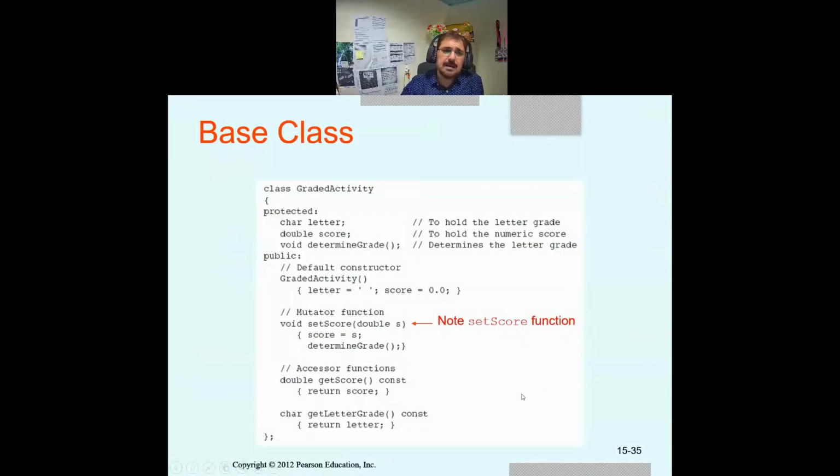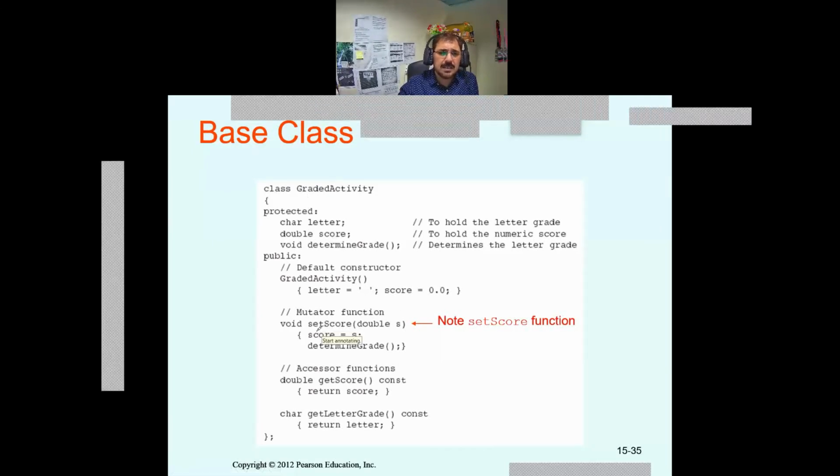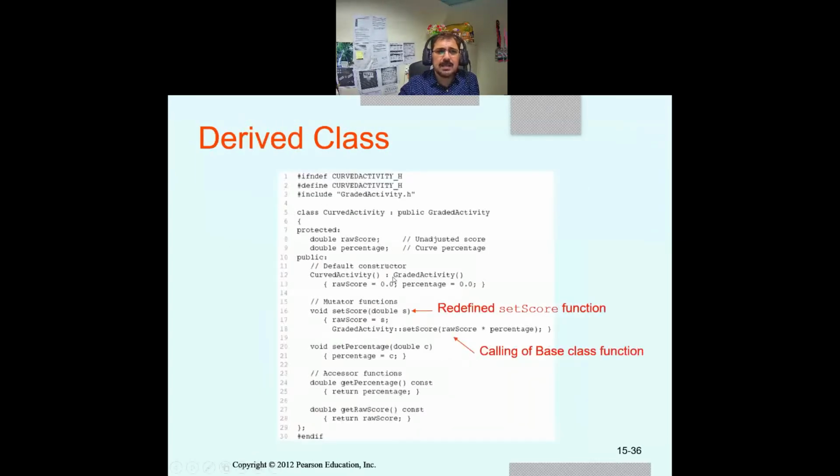This is an example. You see here the GradeActivity class has a function setScore. Now, if we have another class, I will show the coding of these classes. I have already prepared them for you.